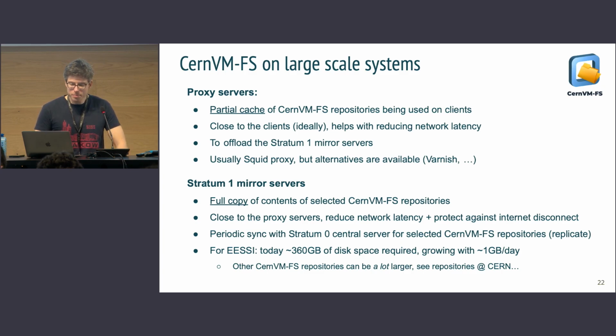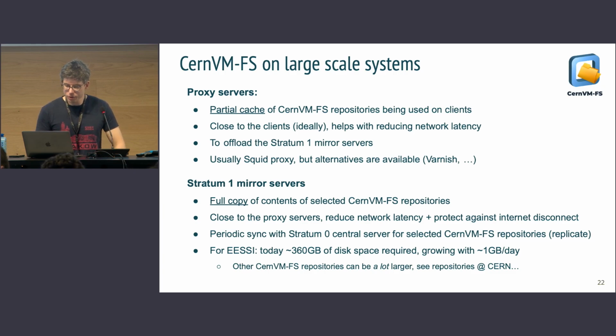But in principle, the Stratum 1 is the full copy of the contents, whereas a proxy server is just a partial cache that keeps around the files that are being used most, and that's usually enough to take a lot of load off of the Stratum 1 servers. The way the Stratum 1 servers work is that they do a periodic sync with the Stratum 0 ones.